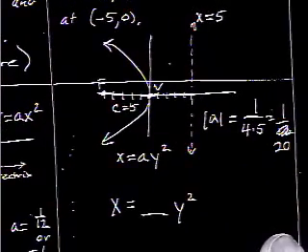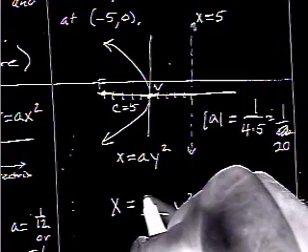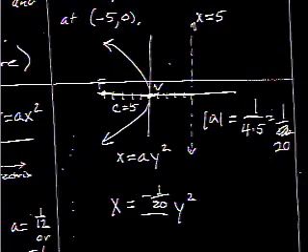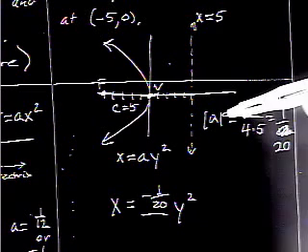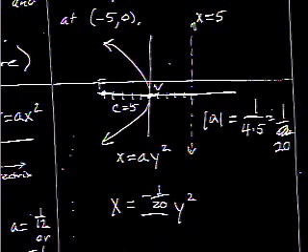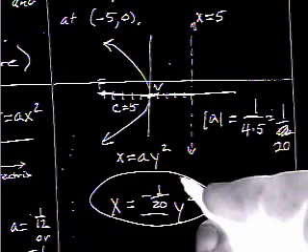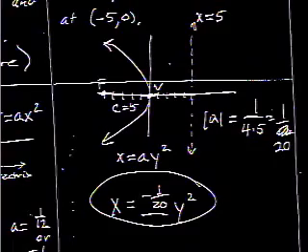Because we are seeing in the picture that it opens to the left, that would be a -1/20. So just because you use the formula to find the absolute value of A, you still have to make a decision whether it's going to be positive or negative. And that comes from looking at the picture.